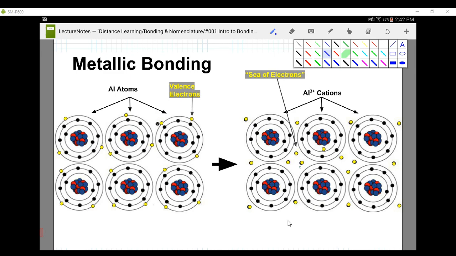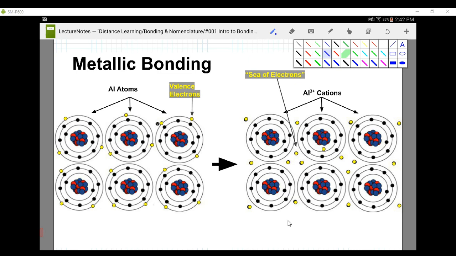So these positively charged nuclei cores of the aluminum are able to attract to this negatively charged sea of electrons in between them all.